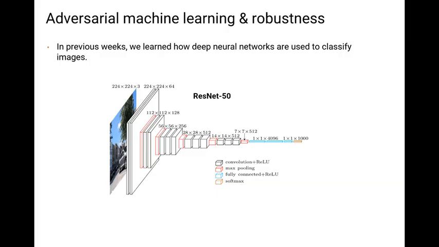Even though today we have a very high success rate, for example ResNet for image classification can achieve more than 90% success rate, there are still some errors you can see from these statistics.